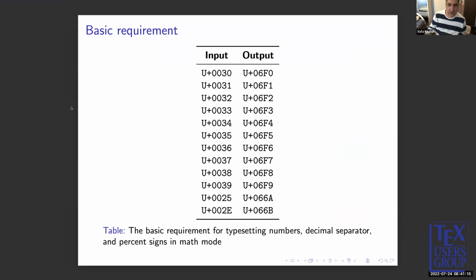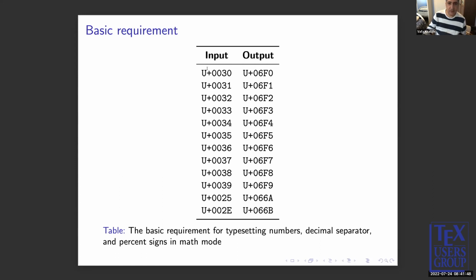One of the basic requirements is that for your input, the Unicode character U+0030 is the Latin digit 0, and U+0039 is the Latin digit 9, and U+06F0 is the Persian digit 0, and U+06F9 is the Persian digit 9.